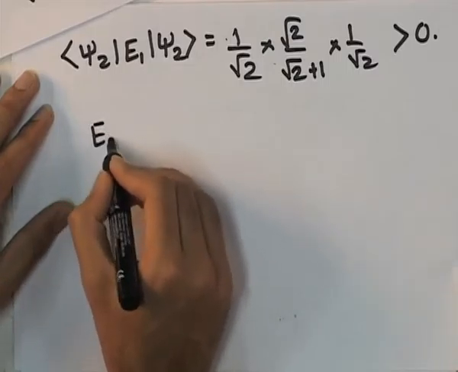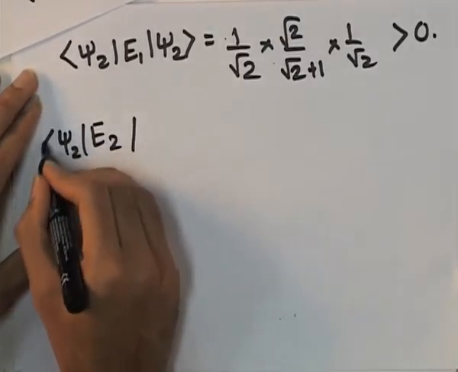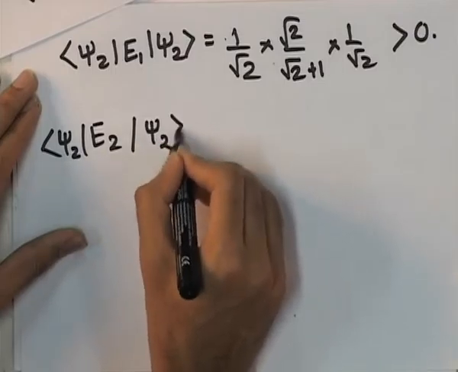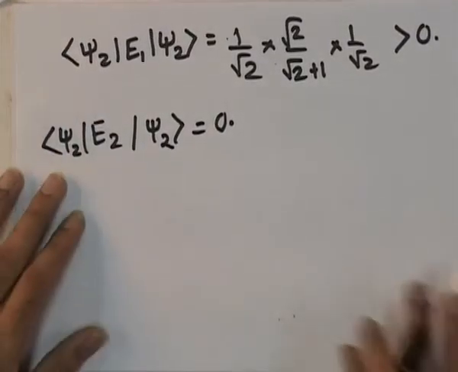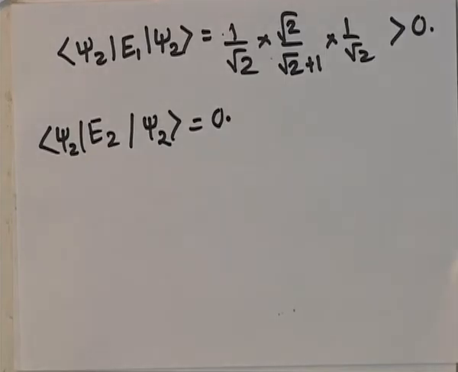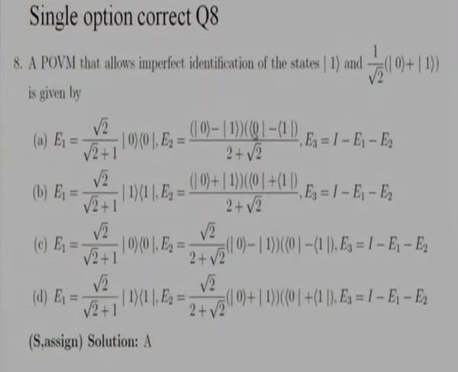As for E2, the expectation value of E2 with respect to psi2 is equal to 0. This you can notice by realizing that 0 plus 1 upon root 2, 0 minus 1 upon root 2 is perpendicular to 0 plus 1 upon root 2.